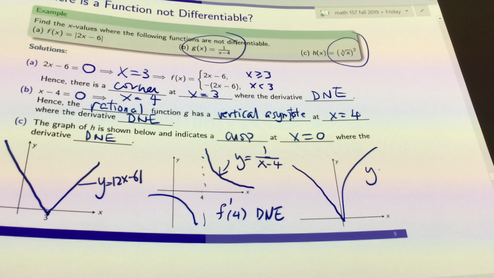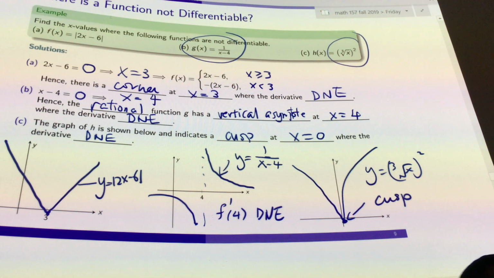So this is y equal to x to the two-thirds. This is a cusp. It's continuous, but the derivative is infinite. So still, the derivative does not exist. So you basically have types like this.